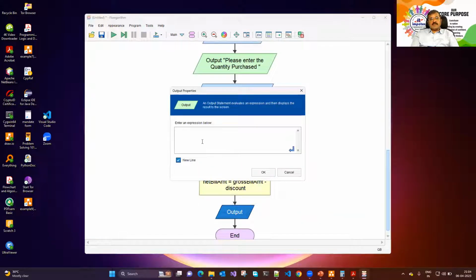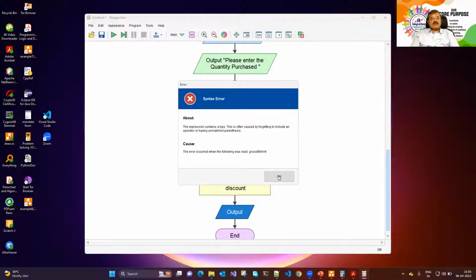Output would be gross bill amount is rupees. तो यहाँ हम लोग यूनिट्स लिखना भूल गए. Gross bill amount.